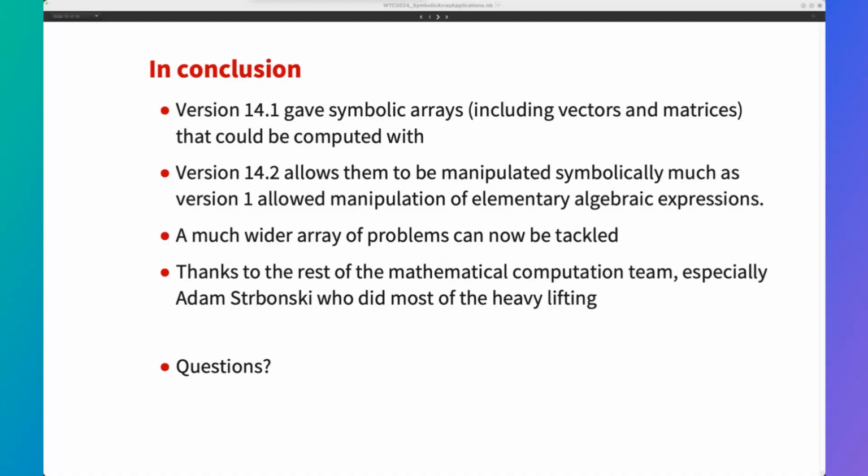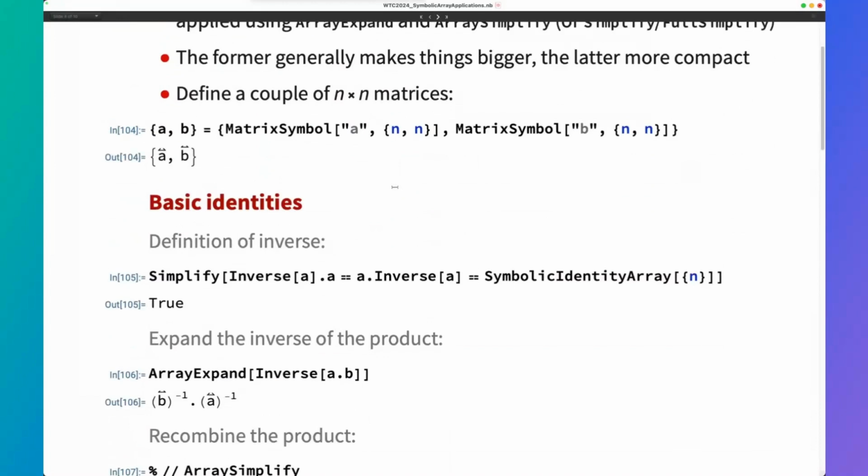Is it possible to have a line-by-line proof that an equation holds, instead of only getting True? In some cases, you can maybe get part of the way there. If you do ArrayExpand, you might get something, like we saw with expanding the inverse of the product.